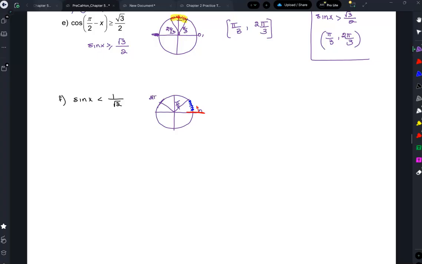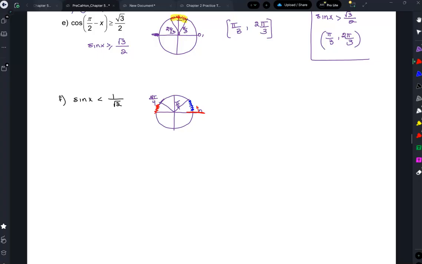Oh, wait. 3 pi over 4. Okay? So at 3 pi over 4, sine is 1 over root 2 again, right? And then right after that, sine becomes smaller than 1 over root 2.